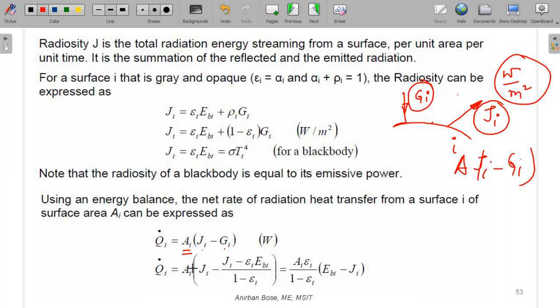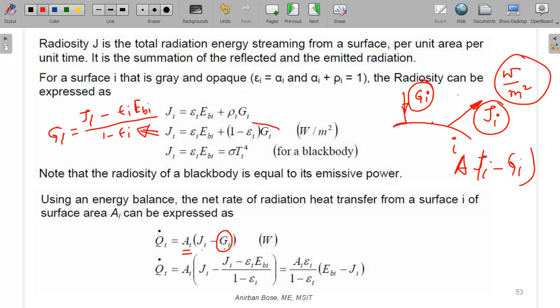And if you now put the value of G_i taken from this expression, so from here you can see what is the value of G_i. You see G_i is equal to J_i minus epsilon_i into E_bi, divided by 1 minus epsilon_i.